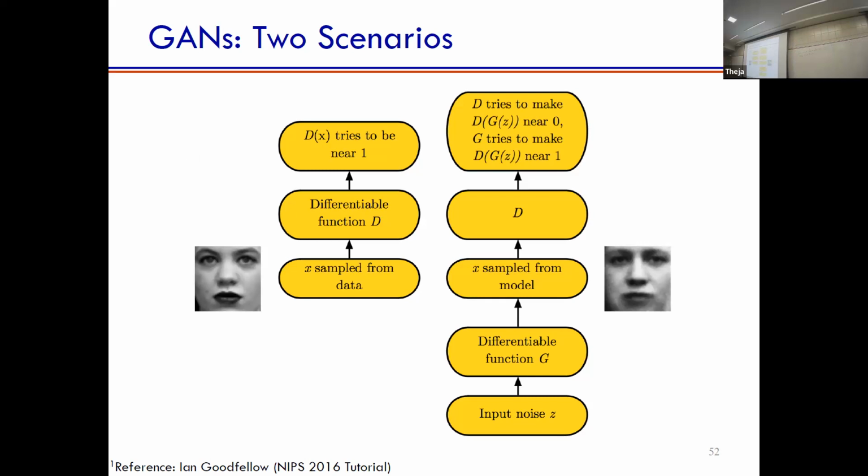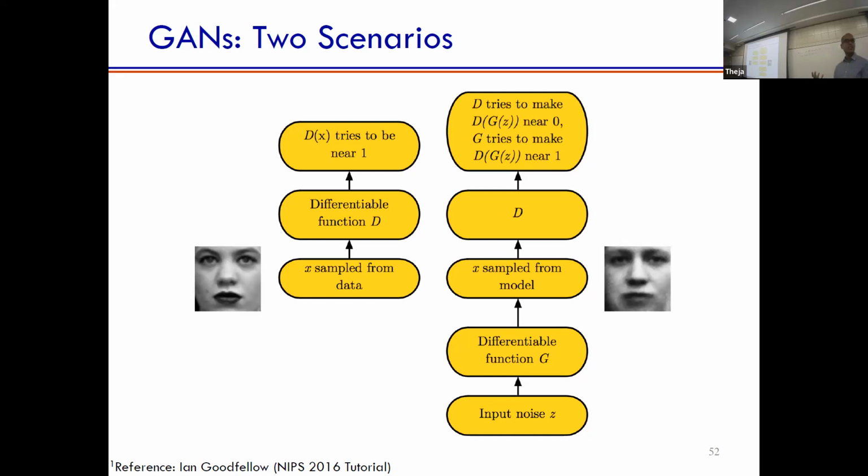So there are two networks, therefore two players, both part of a game. One player, let's call it D, represents essentially a decoder network. It's a player that, if given a sample from the real data set, should say this is real, and output a number close to 1.